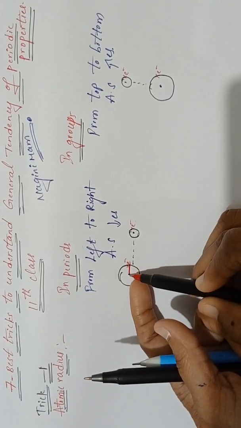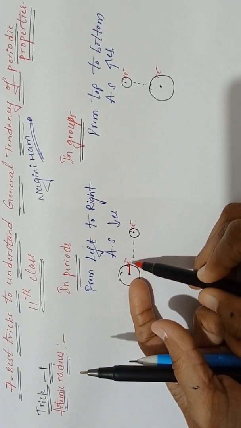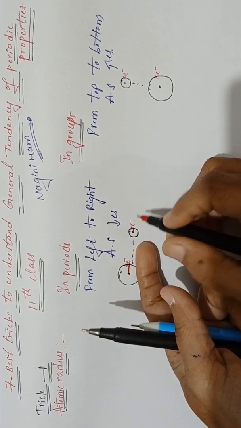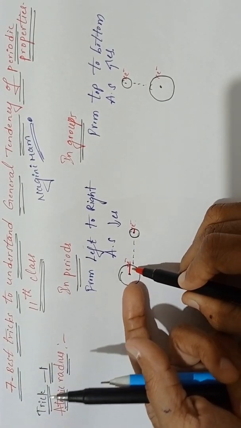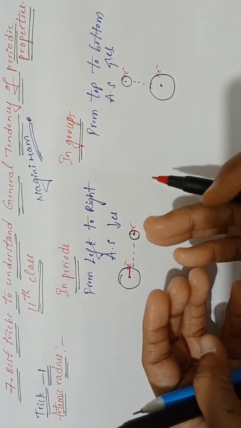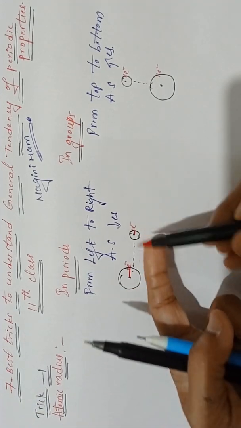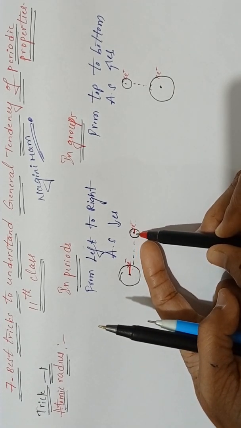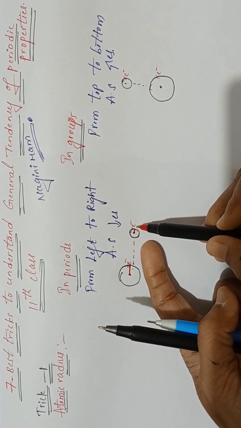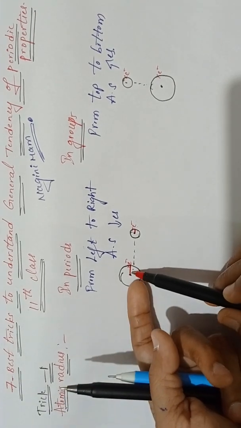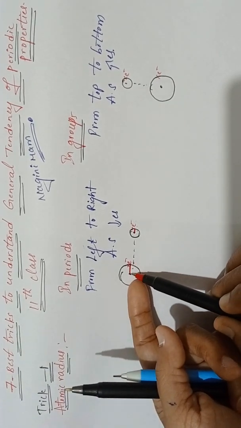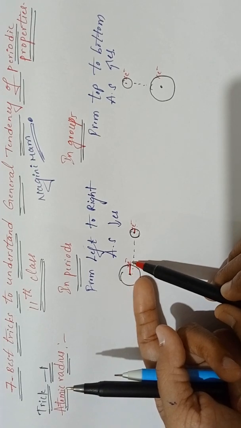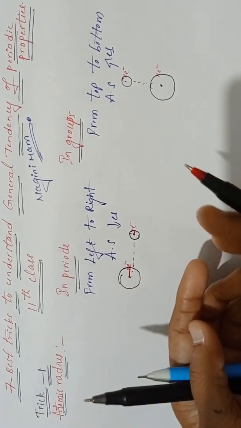The distance between the nucleus and the valence electron is more here, and here the distance is very less. Whenever the distance is more between the nucleus and the valence electrons, nuclear attraction is less.